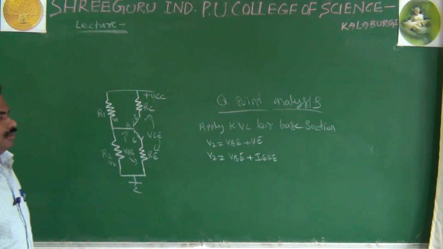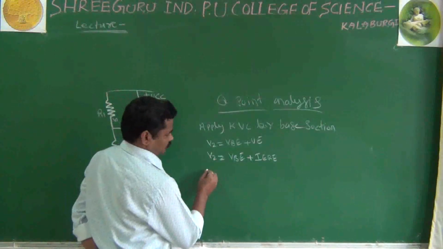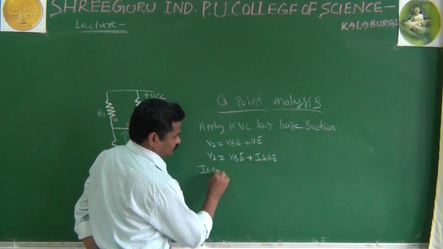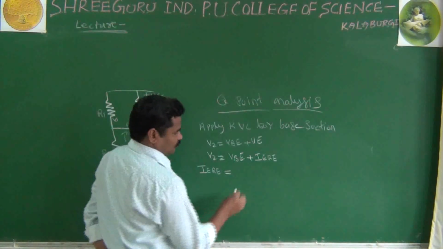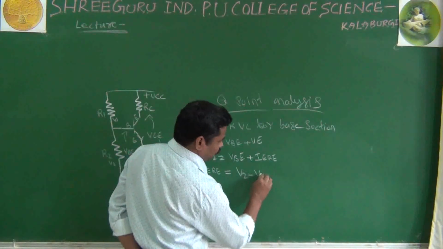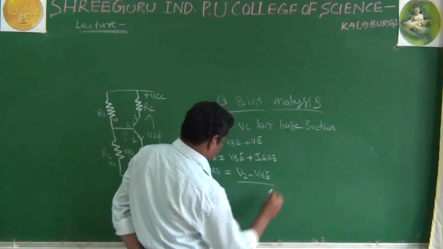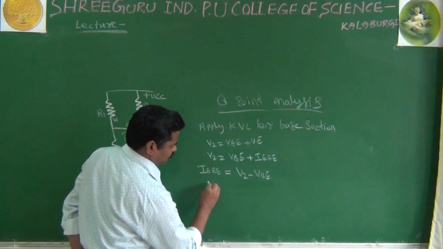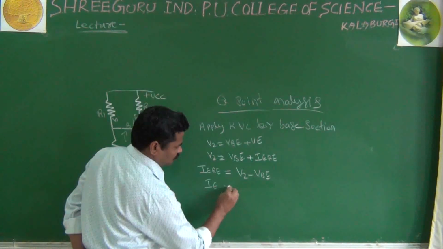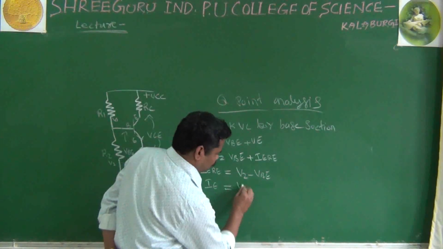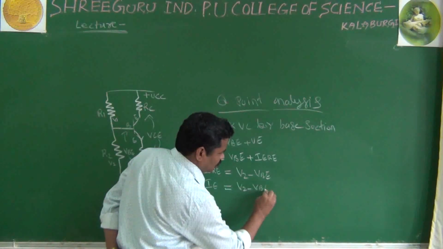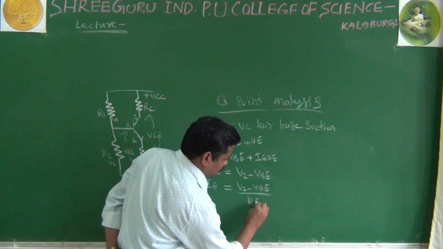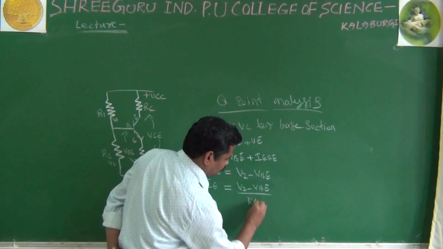Here we want IE. IE into RE equals V2 minus VBE, so IE equals V2 minus VBE divided by RE. This is equation number 1.